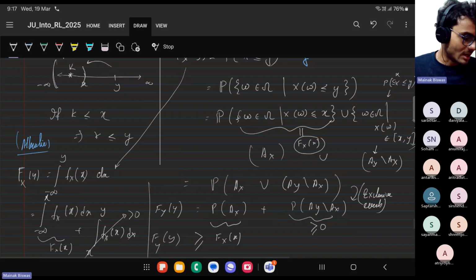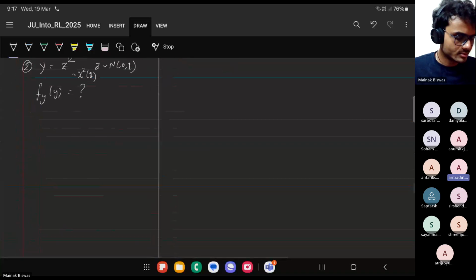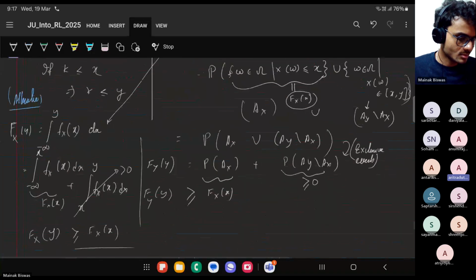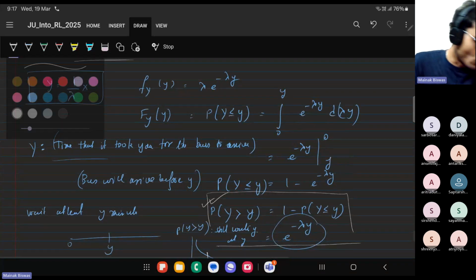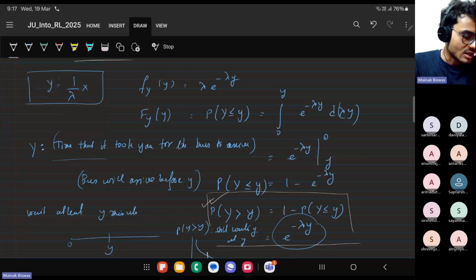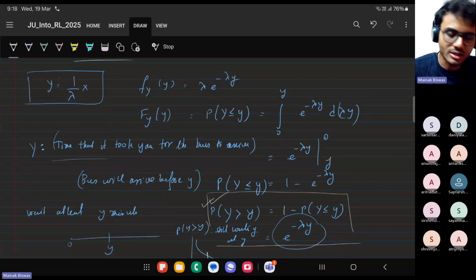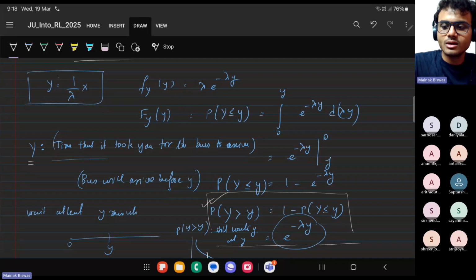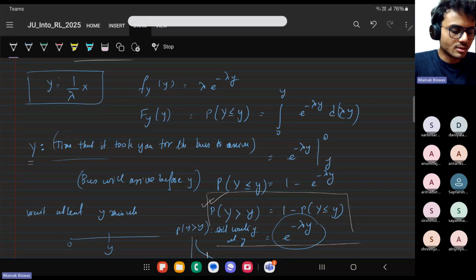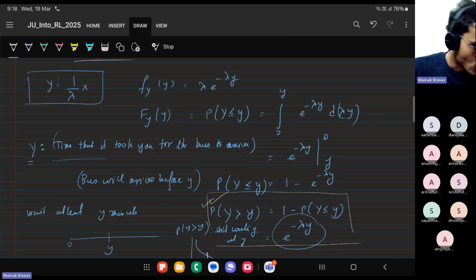Okay, so the last part of today: can you re-explain that effect of lambda on the bus coming? Okay, let us do it. Say Y is the random variable that tells me the time I have to wait till the bus comes, right? Fine.